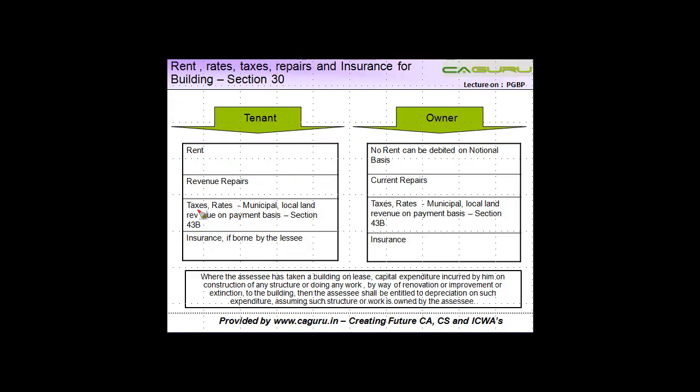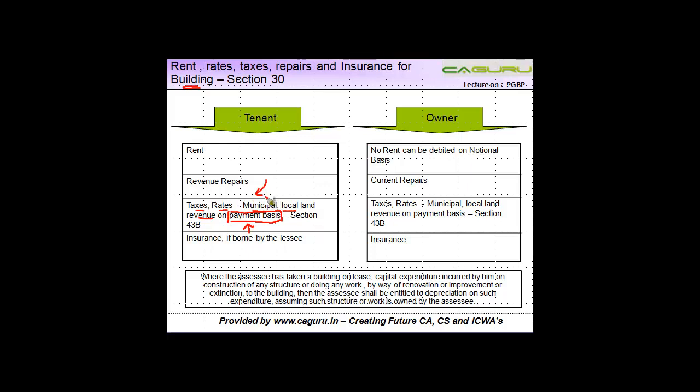The third one, taxes, rates. Any kinds of rates or taxes in respect of the building are allowed as a deduction under this section. Municipal, local, and revenue on payment basis. Now this is interesting, although we are going to look at it in detail in the subsequent slides. What this means is that certain expenditure which are payable to the government are allowed as a deduction only on a payment basis.